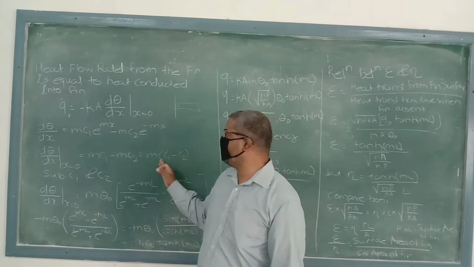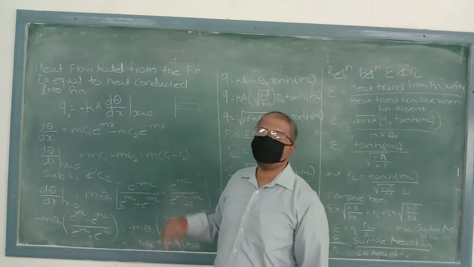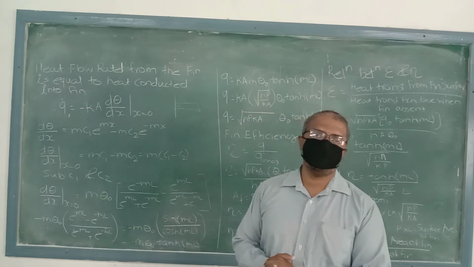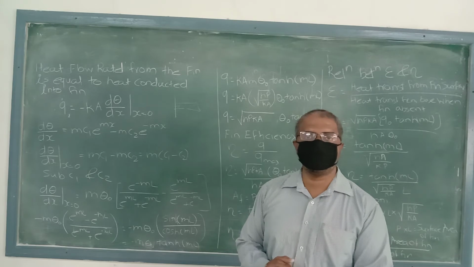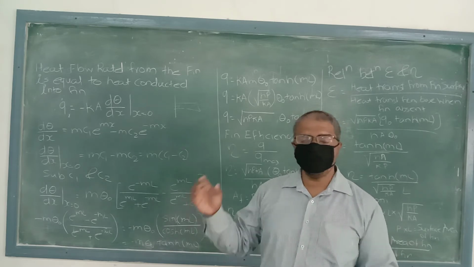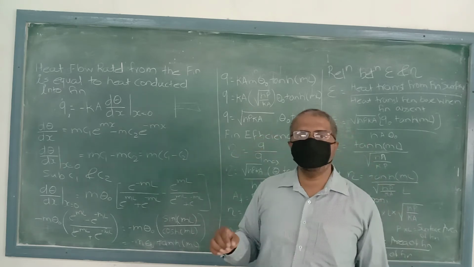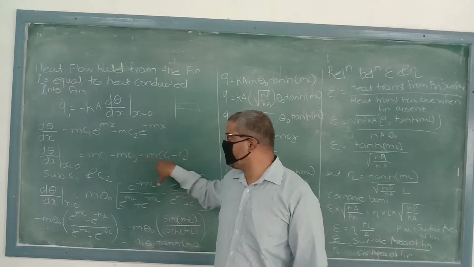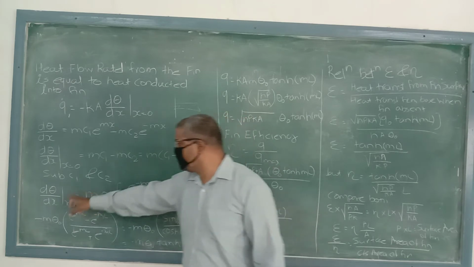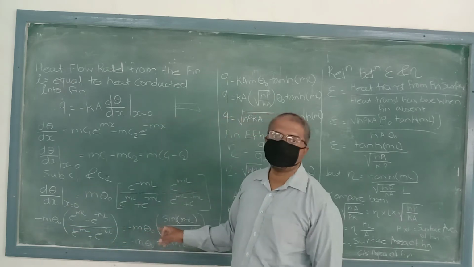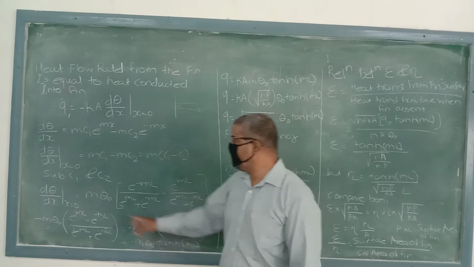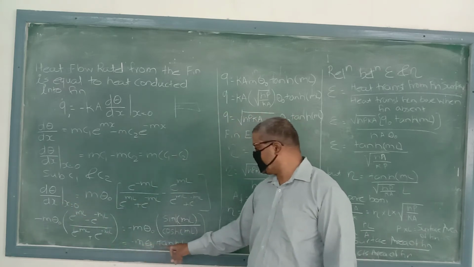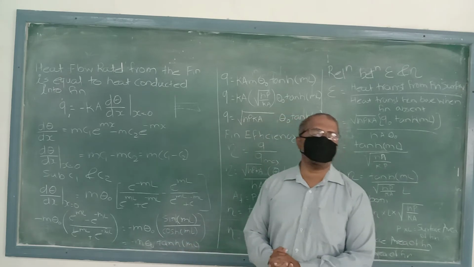So we get the modified equation m(c1 - c2), and we have derived the values of c1 and c2 in the differential equation of the fin derivation. So those values we are substituting in this equation. After substitution and applying the sinh-cosh rule, we get dθ/dx at x = 0 equal to -m θ0 tanh(ml).